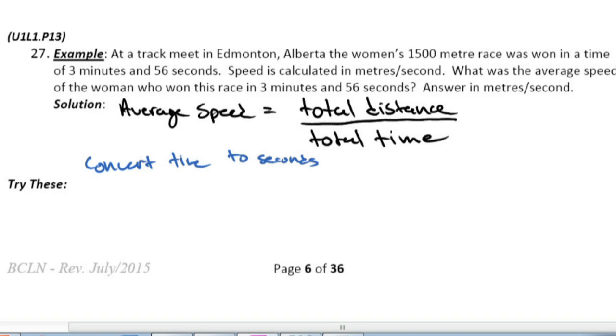So we had 3 minutes times 60 seconds per minute. It's going to give us 180 seconds. And then we're going to add to that the additional 56 seconds.